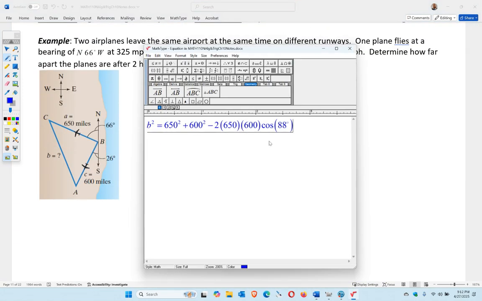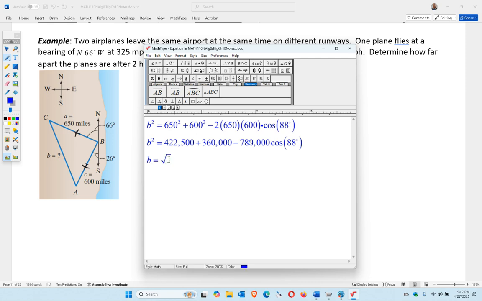So a little math. B squared equals 422,500 plus 360,000 minus 780,000 times the cosine. Okay, so B equals the square root.